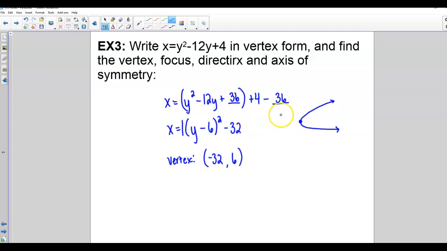So my vertex here is at negative 32, 6. From here, I need that p-value, which is 1 over 4a, which in this case is just 1 over 4 times 1. So 1/4 is my p-value here. So for my directrix, oh wait, let's do focus first.